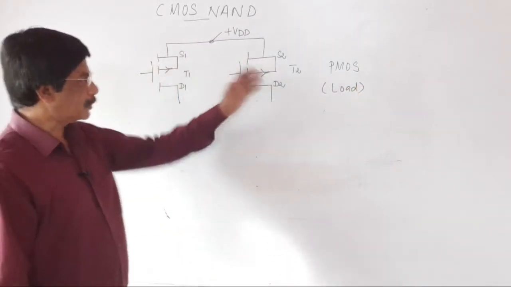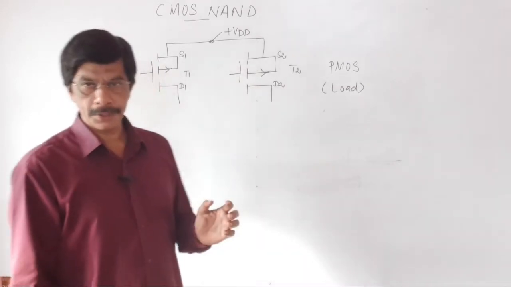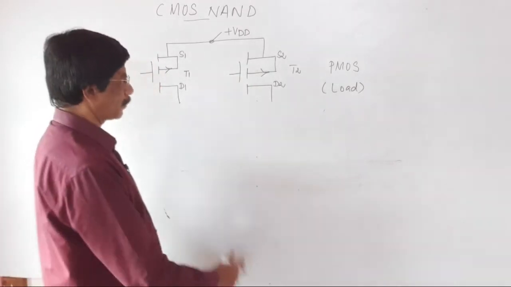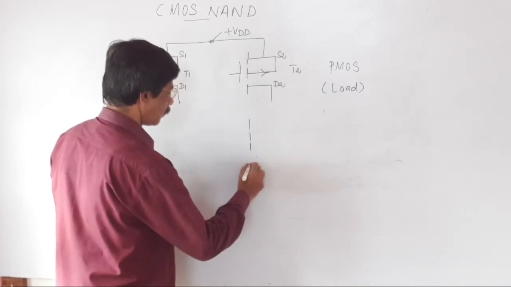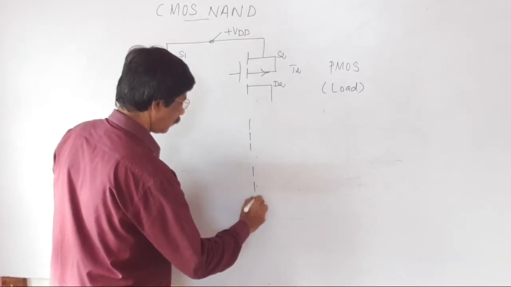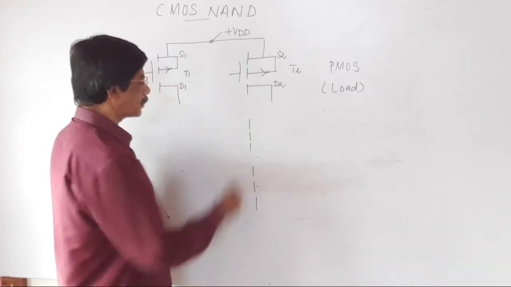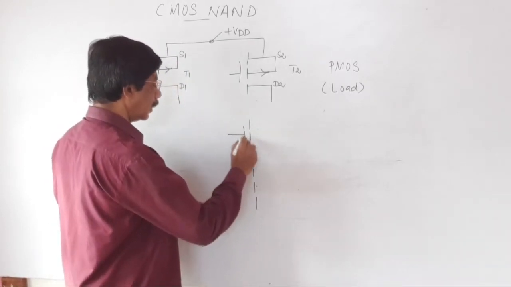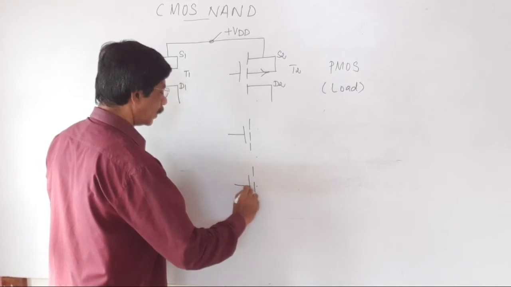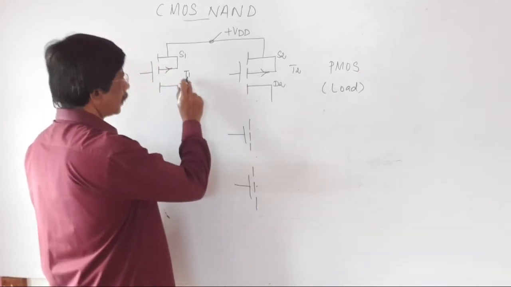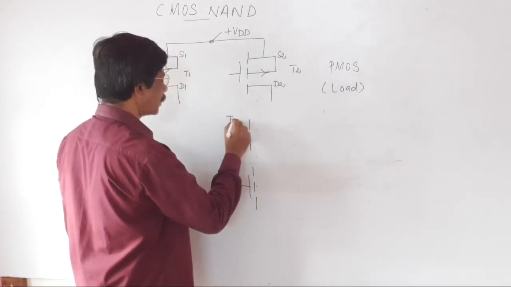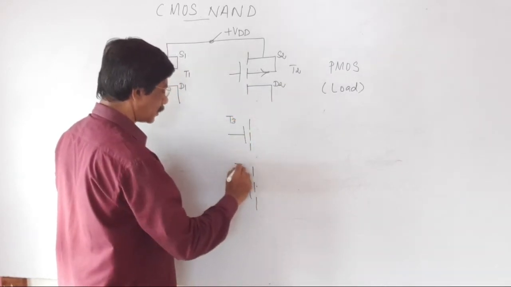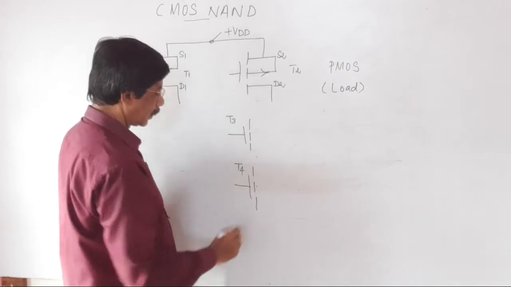Now apart from these two PMOS transistors, take two NMOS transistors. This is a gate terminal, and this is also a gate terminal. This transistor is T1, this transistor is T2, this transistor is T3, and this transistor is T4.